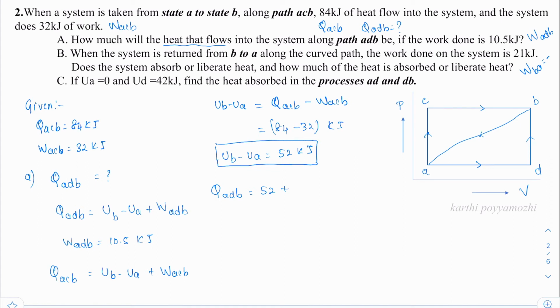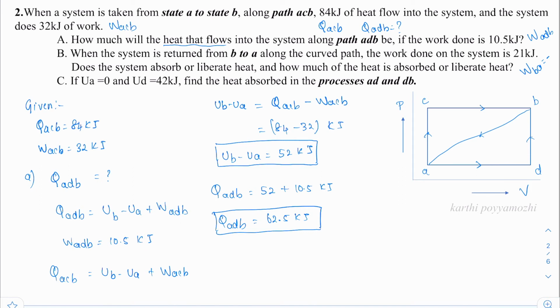The work done by the process ADB is given as 10.5 kilojoule, and substituting this we get the value of Q of ADB, which is equal to 62.5 kilojoule. And we have solved subdivision A.